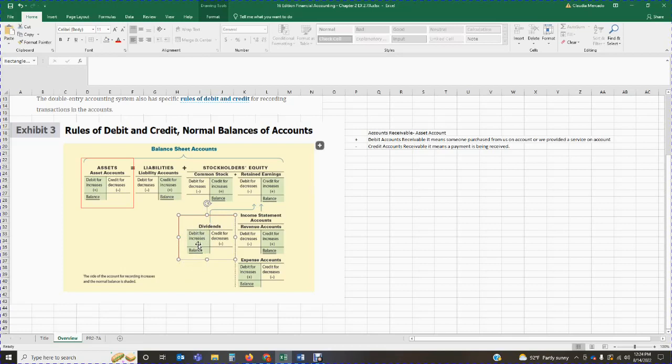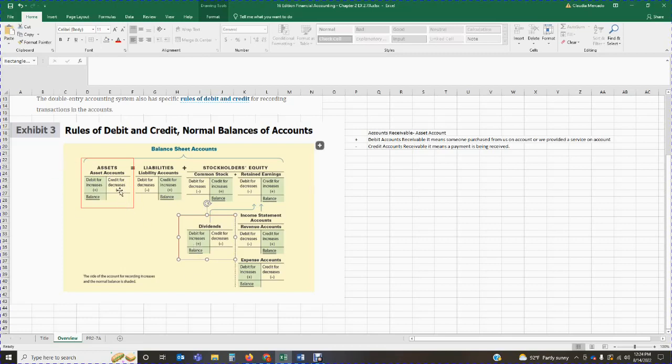Okay. So what happened? We are paying dividends, so we have to keep track of all of our dividend payments. Our dividends are increasing. So we are increasing our dividends. That means we would have to debit our dividends for the amount, and then we would have to credit our cash for the dividend payment. Okay. So we are dispersing money to our stockholders by making a dividend payment.